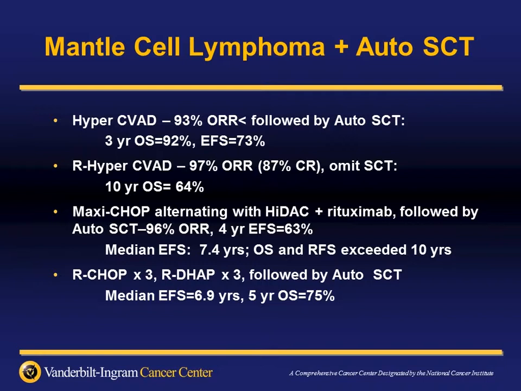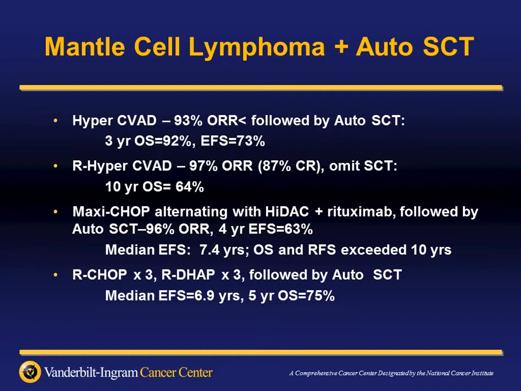Another group has alternated maxi-CHOP, so dose-intensive CHOP, alternating with high-dose Ara-C. It looks like Ara-C is an important part of therapy for mantle cell lymphoma, plus rituximab, followed by transplant. Again, a very good overall response rate at 96%, event-free survival at 63%, the median event-free survival at 7.4 years, and the overall survival and relapse-free survival exceeded 10 years.